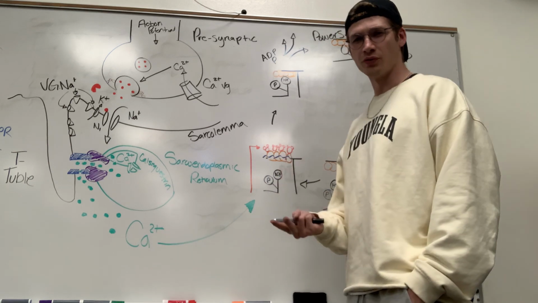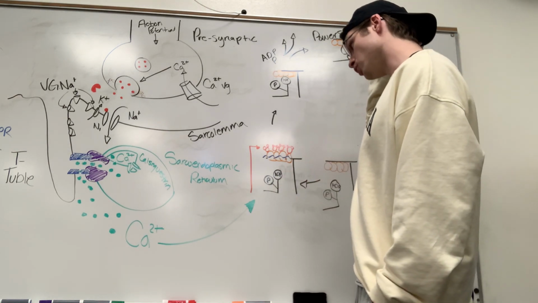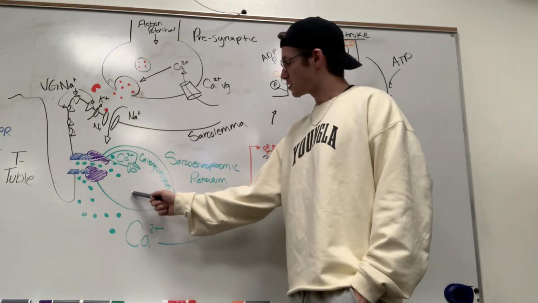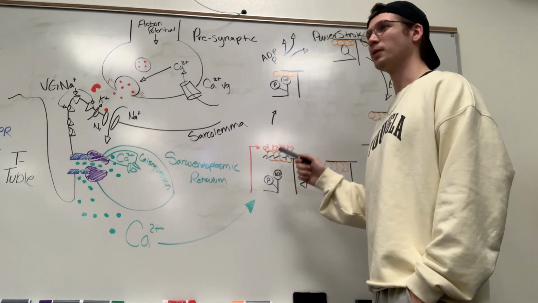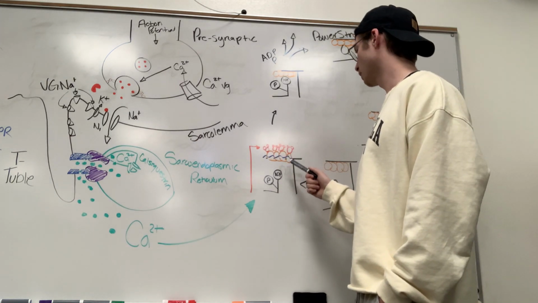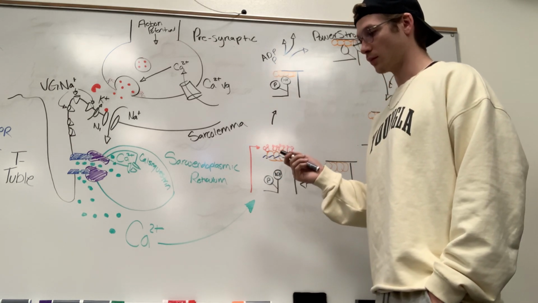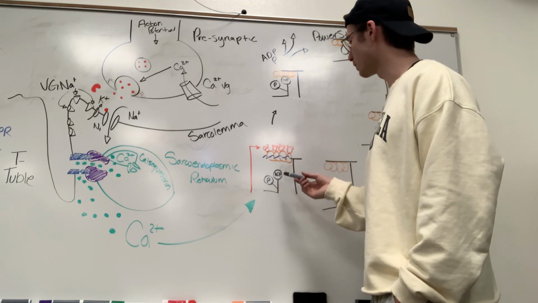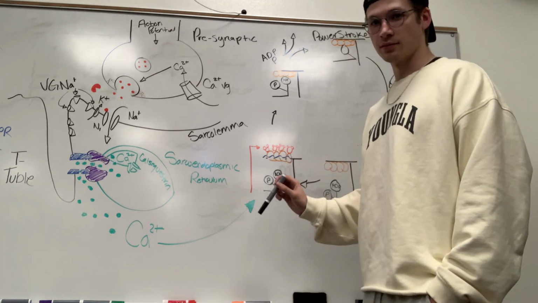So we had those 4 affinity sites, 2 low and 2 high affinity. This calcium that's released is going to come over to our troponin C. It's going to bind onto our low affinity sites, which then prompts the conformational shift within the tropomyosin, exposing the active sites on our actin.